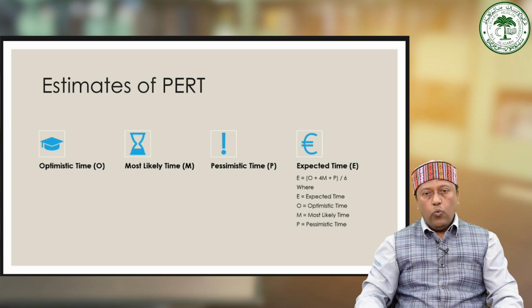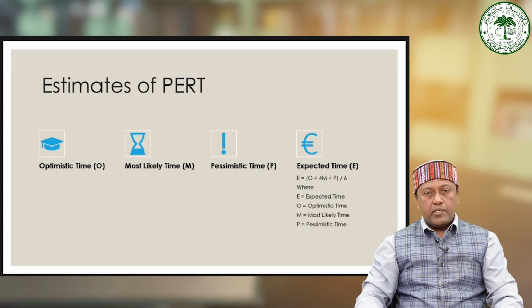Optimistic time O represents the shortest amount of time that a task could theoretically be completed in, assuming everything goes exceptionally well without any delays or obstacles. That is optimistic time, represented as O.